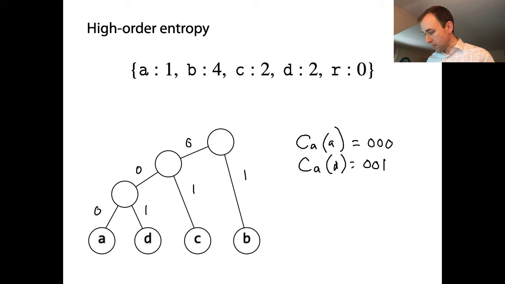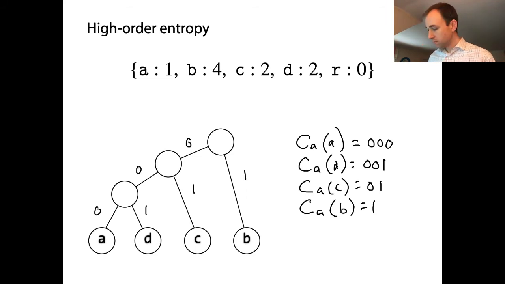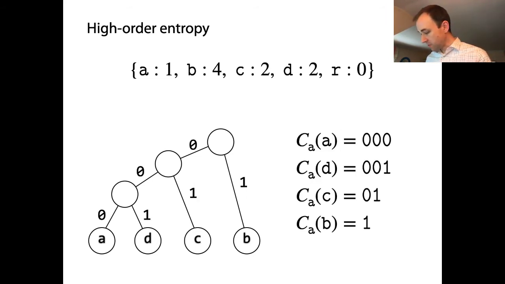Now C has code 0, 1. C subscript A of C equals 0, 1. And B, the most frequent, has code 1. C subscript A of B has code 1. I have the subscript A in each of these cases. That's denoting that this is the code conditioned on having A to the left. Okay?